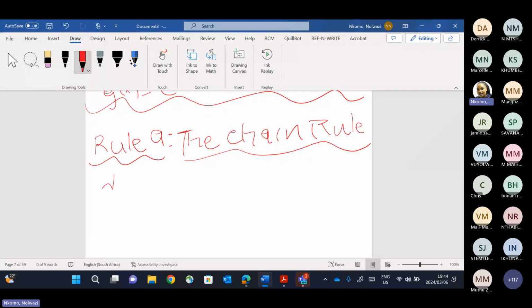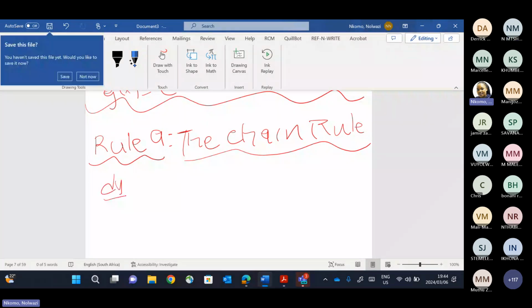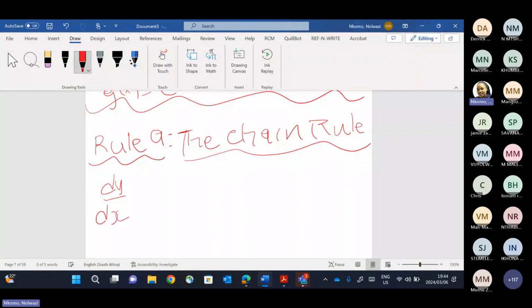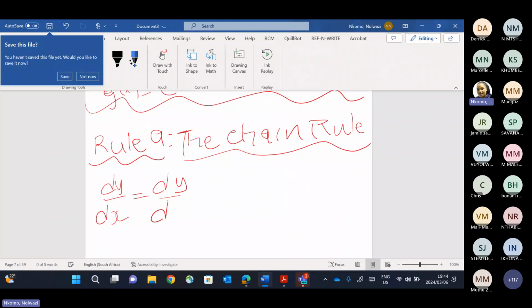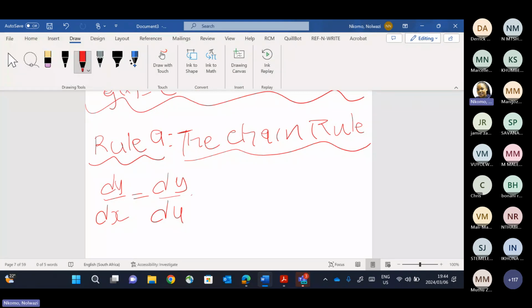Here, you have the derivative of y with respect to x will equal the derivative of y with respect to u. u is a new function. You'll always have to define a new function or spot a new function. It's dy over du times du over dx.